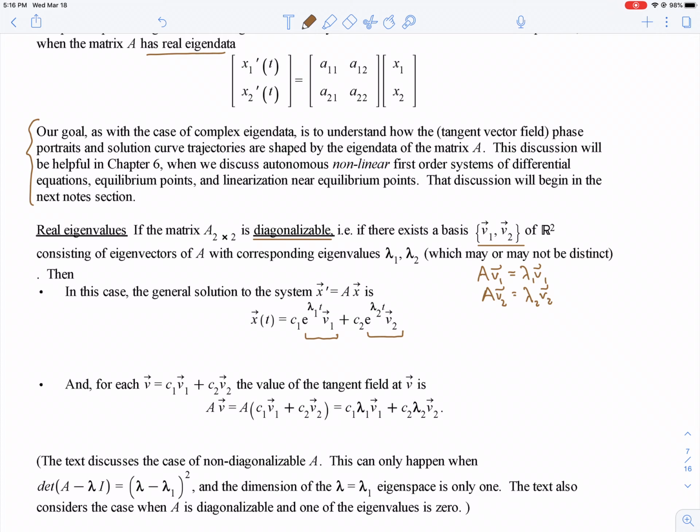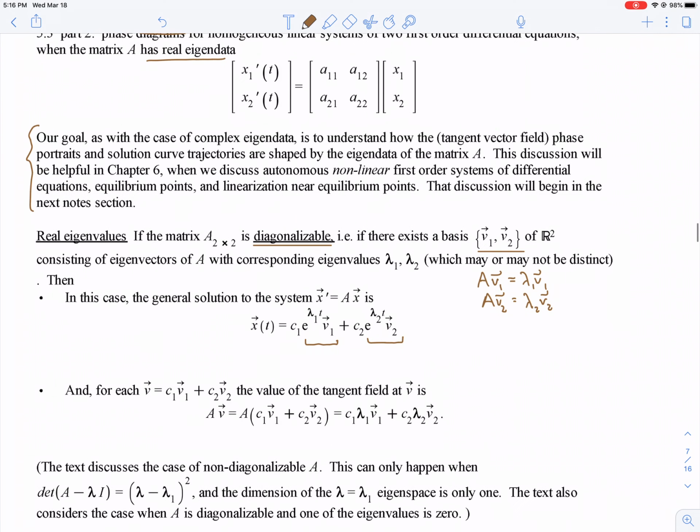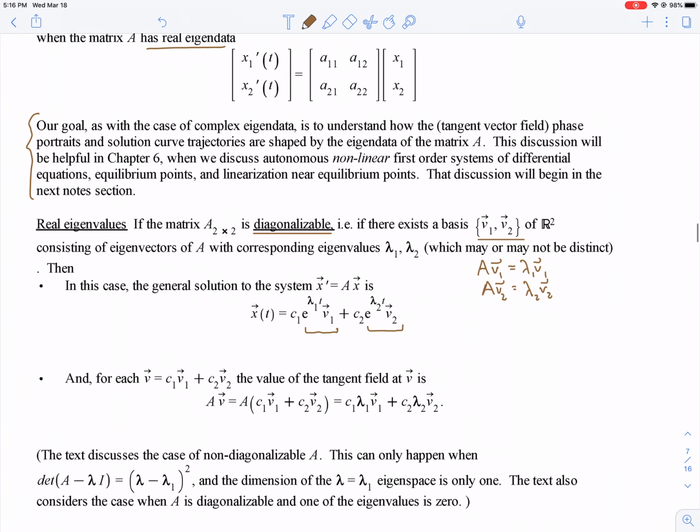And when we're trying to evaluate the shape of the tangent field at v, it's helpful to express your vectors v in R2 using the basis v1, v2 instead of the standard basis.